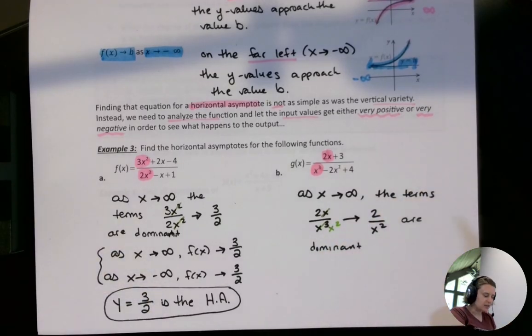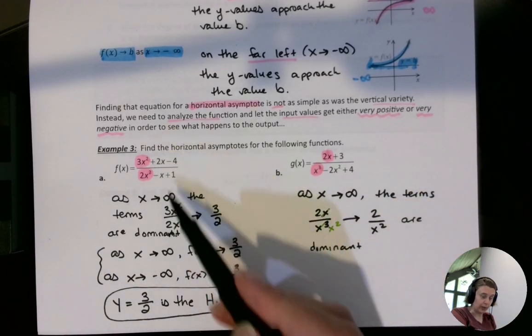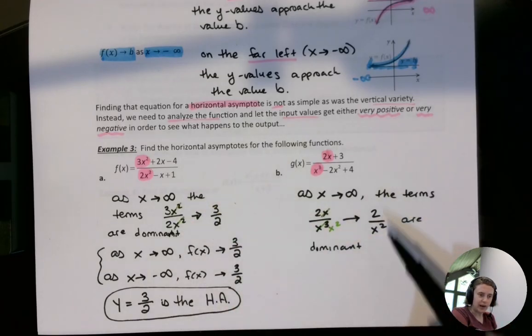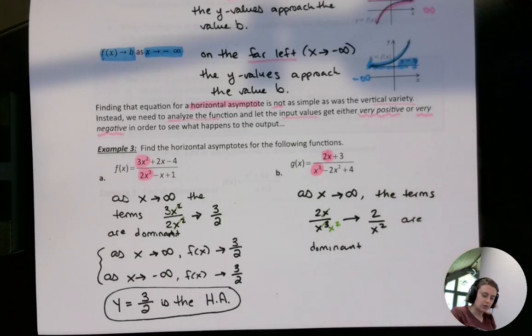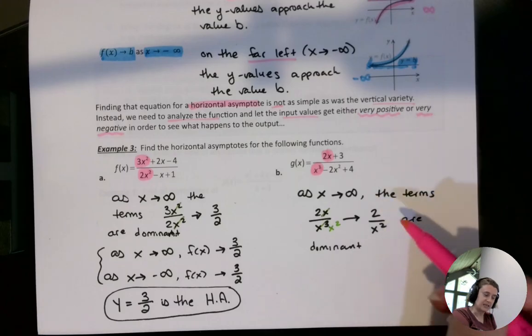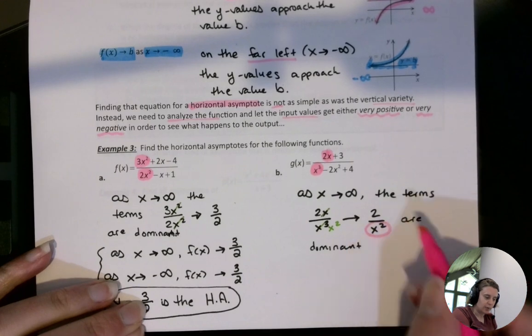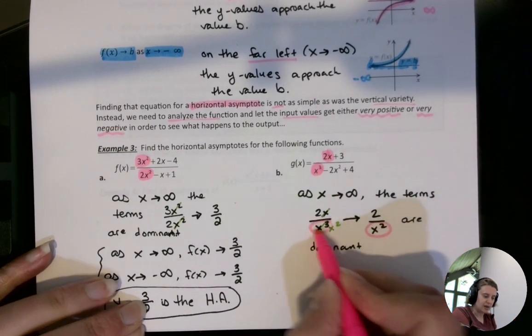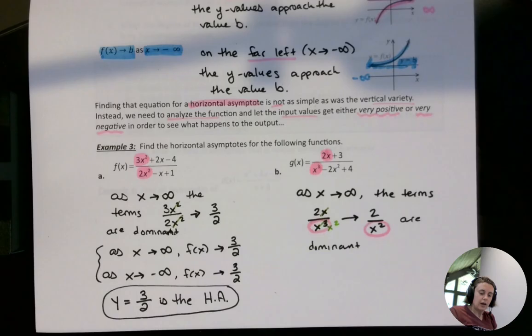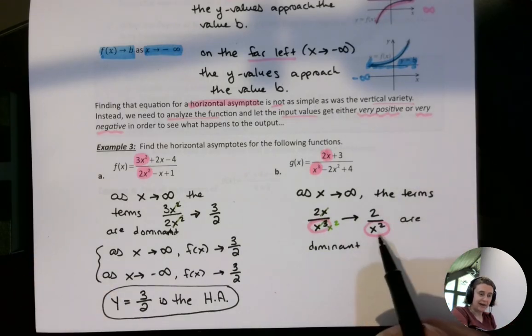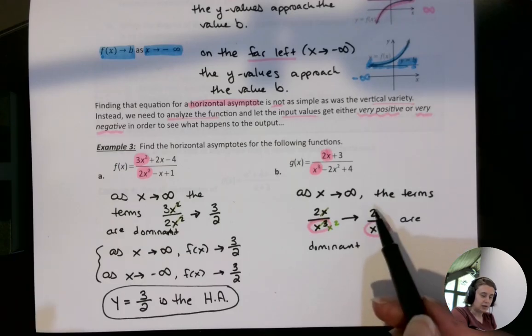And now, because they're not of the same degree, where I was able to reduce into a single value, I need to figure out what happens to this fraction overall. So in this fraction overall, which of these two is more dominant? Is it the numerator or is it the denominator? After I reduce it, or even before I reduce it, it's clear to see that the denominator was bigger. And we'll think about this fraction in terms of what happens when you take a number like 2 and you divide it by progressively larger and larger numbers. So if you divide it by 10, you'll have 0.2.